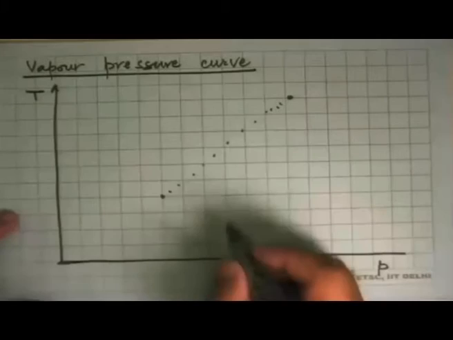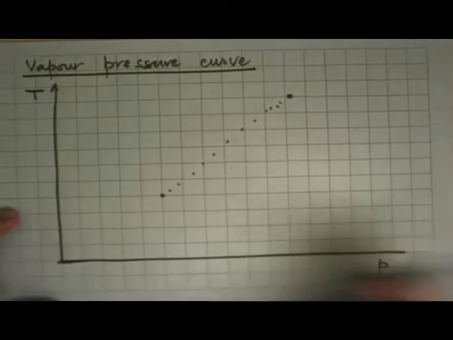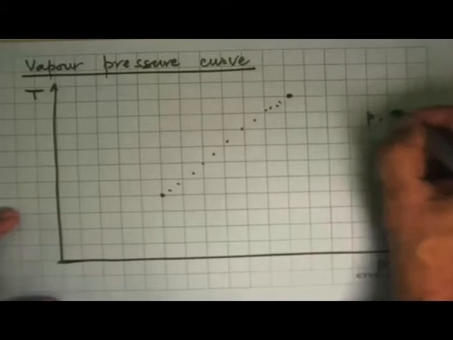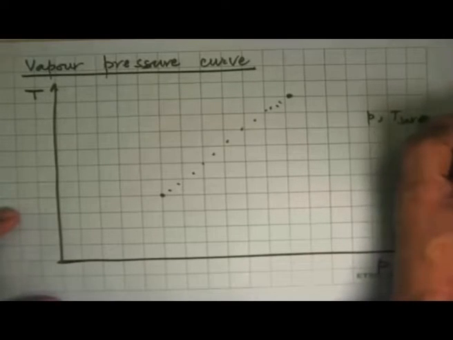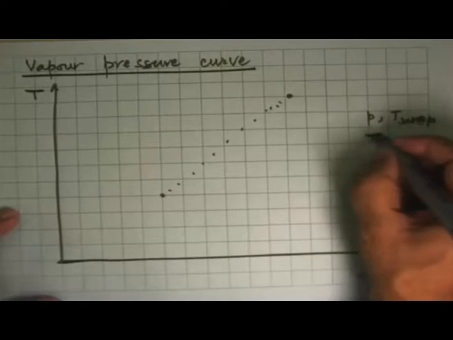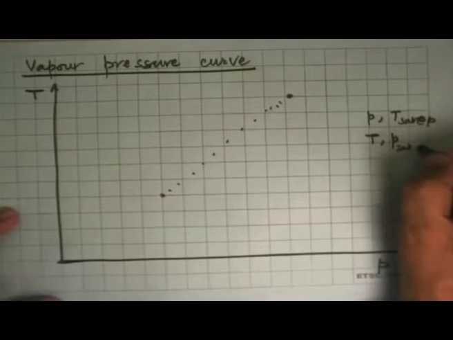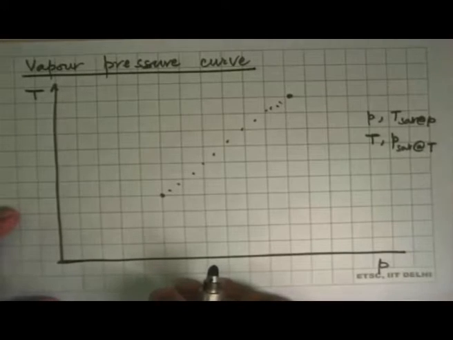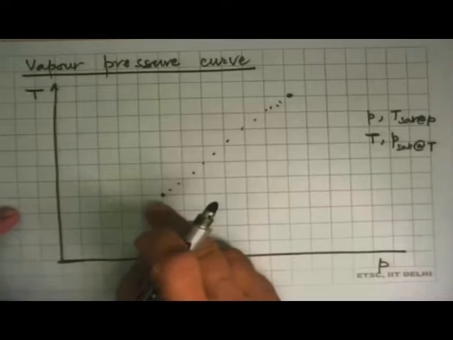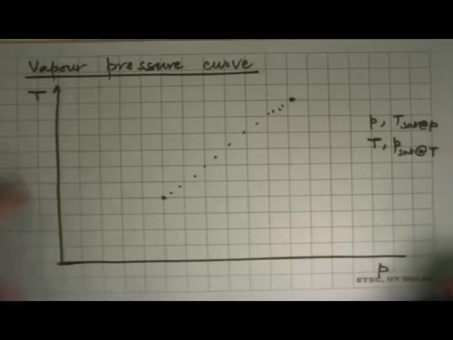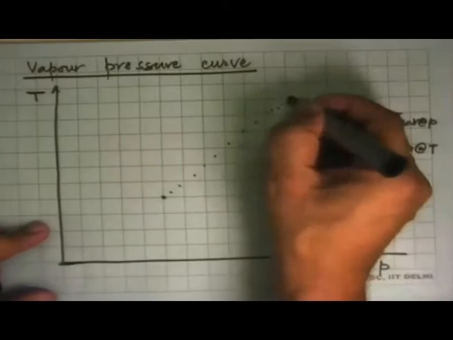And this tells us that this is the line that for a given pressure, what is the saturation temperature at that pressure, or for a given temperature, the saturated pressure Psat at that temperature. So this is a unique set of lines which is a one-to-one correspondence between temperature and pressure in saturated states. So we can join these things.